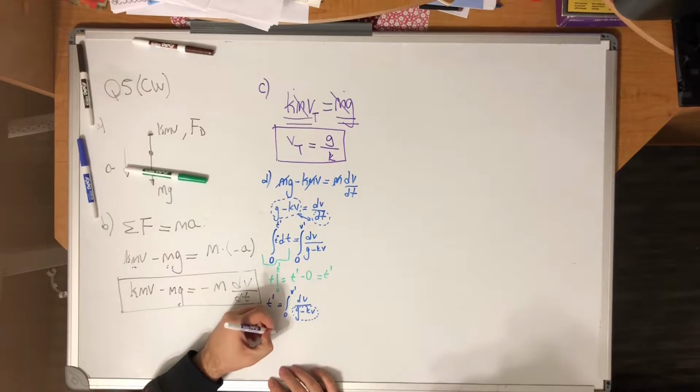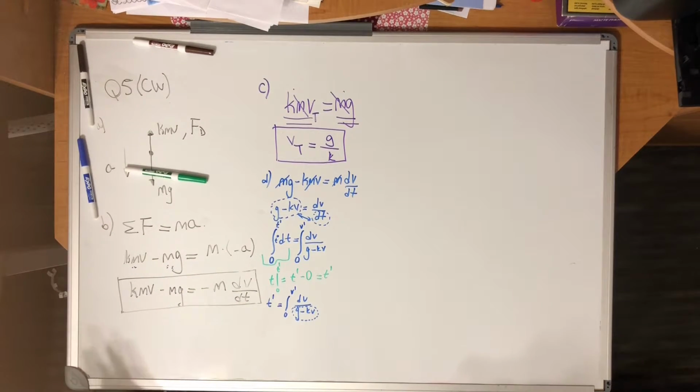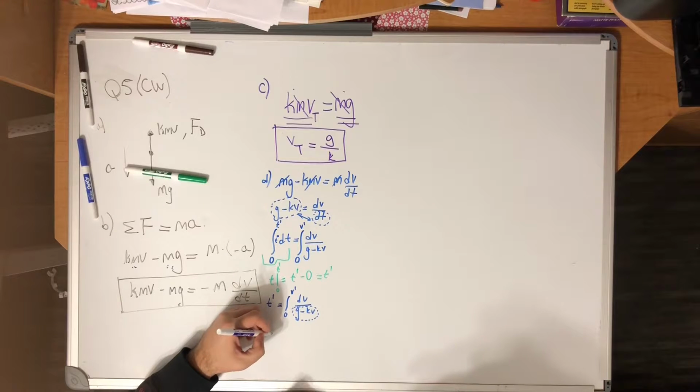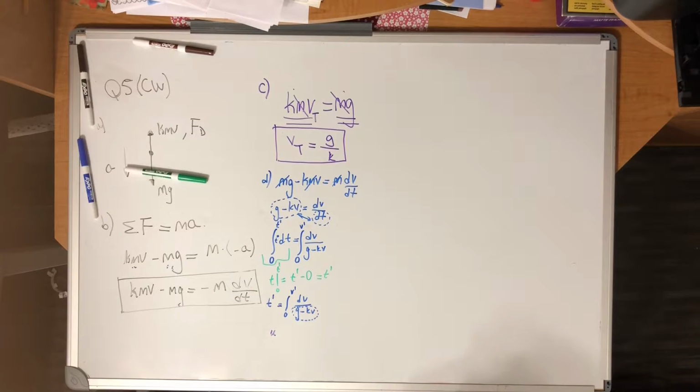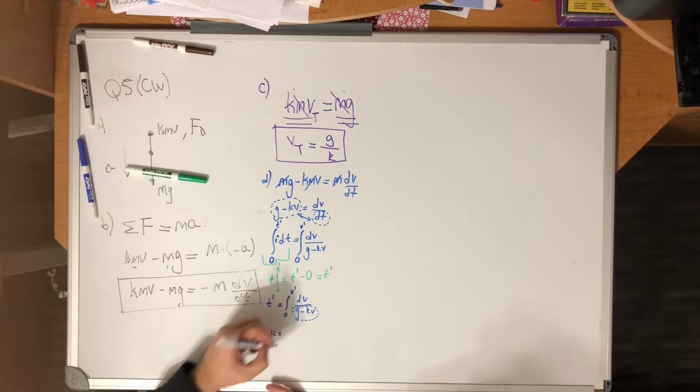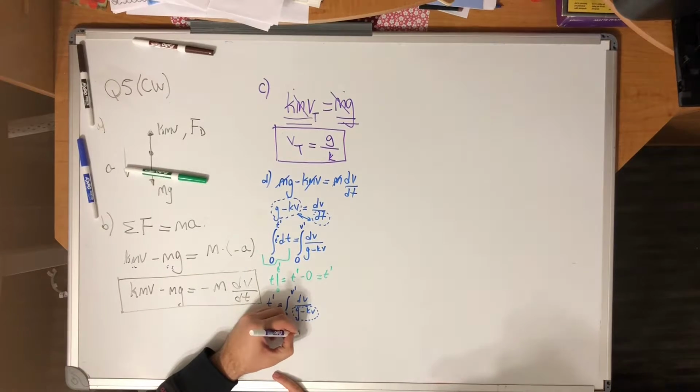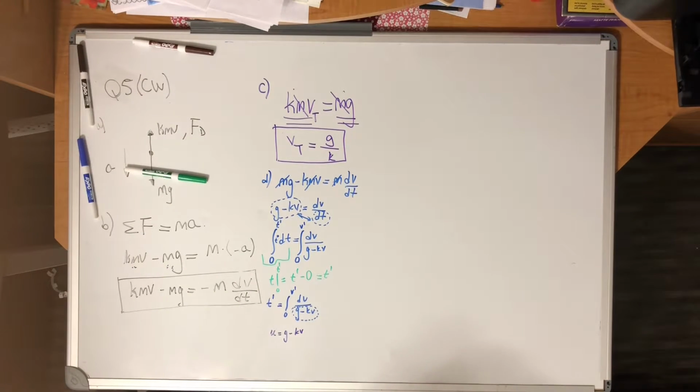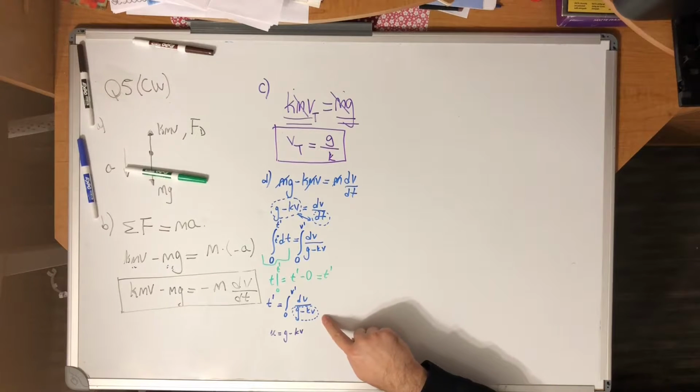They just give this another variable, the letter u. I don't know why, but that's just a convention, all right? So they just call this complex function u to make it simpler. So g minus kv, what is that? This equation will become dv over u.